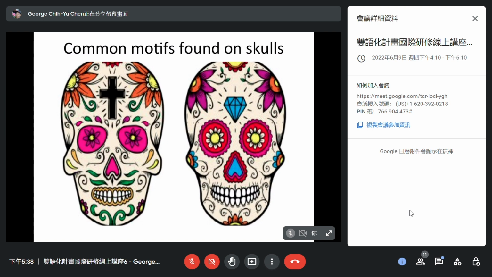Some in sugar, some in ceramics, some were carved. You can buy them, but they are not expensive. I remember I paid 400 Taiwan dollars for a pair, so it's quite cheap. Of course, it could be more expensive.